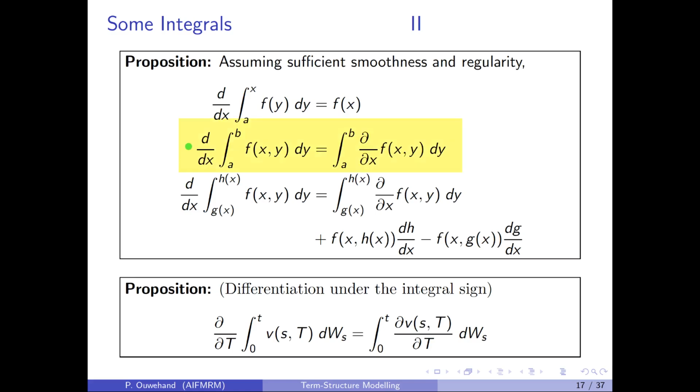The second result shows that we can differentiate under the integral sign. And the proposition at the bottom here shows that we have a similar result for the derivative of a stochastic integral. This is also left as an exercise and requires the stochastic Fubini theorem.